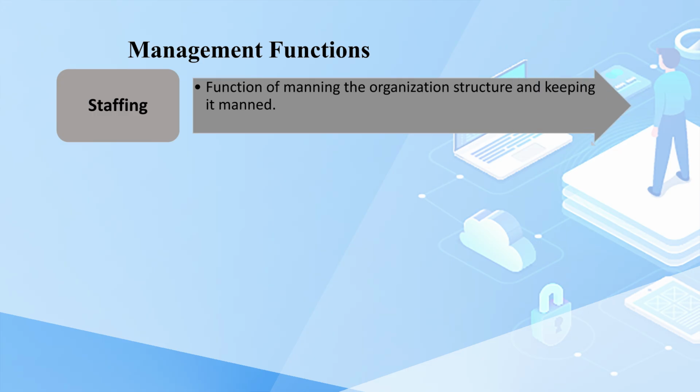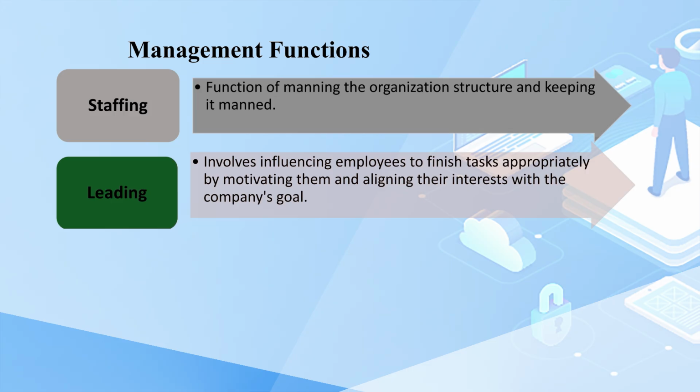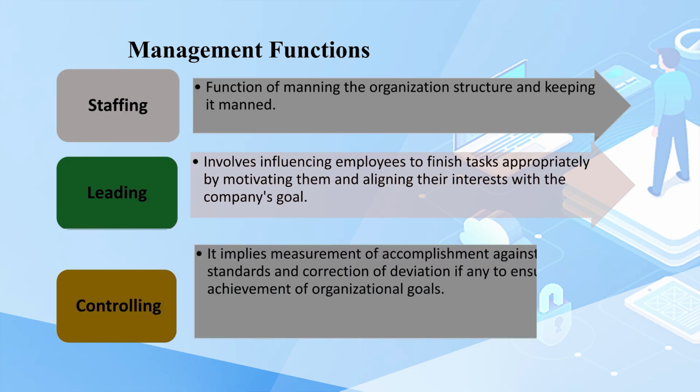Staffing is the function of managing the organizational structure and keeping it manned. Then leading involves influencing employees to finish tasks appropriately by motivating them and aligning their interests with the company's goals. Then controlling implies the measurement of accomplishment against the standards and correction of deviations, if any, to ensure achievement of organizational goals.